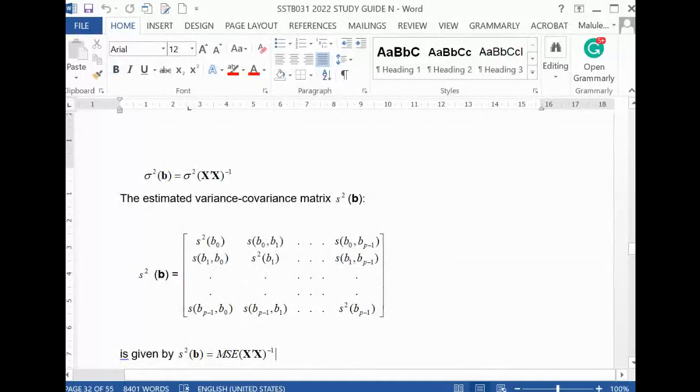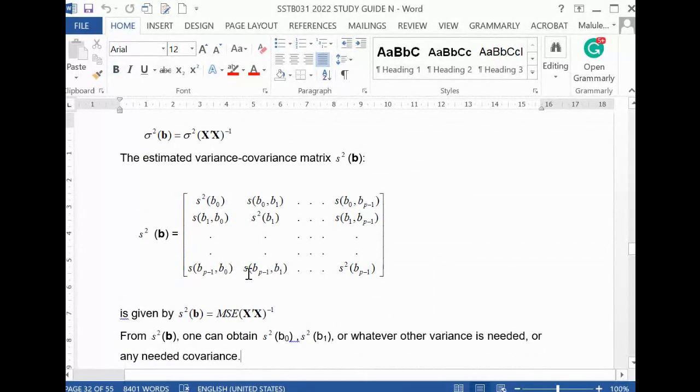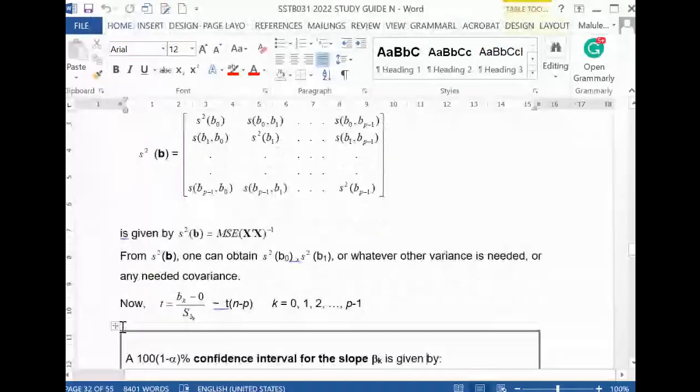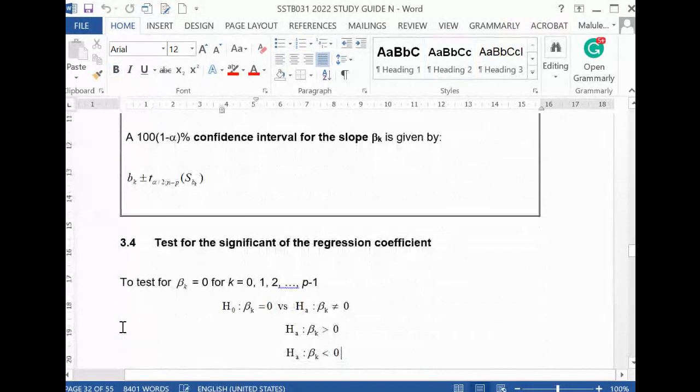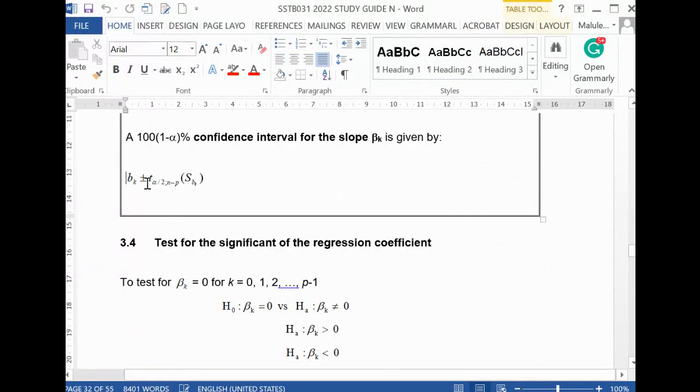Let's go down. I explained the variance-covariance matrix, and we tested using the t-test. Remember, this part was done. The confidence interval for the betas, I explained this. And how do you find this SBK? Testing for the significance of regression coefficients.